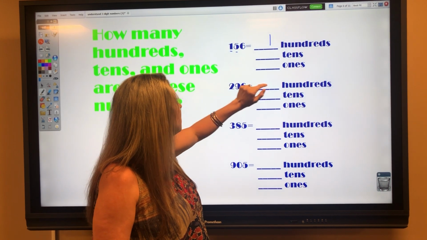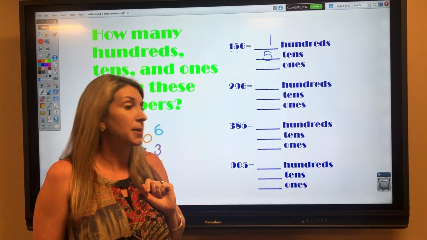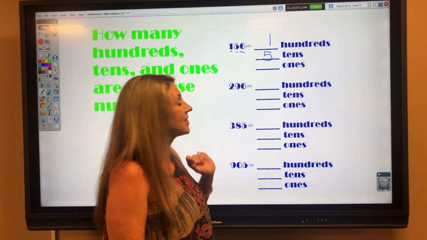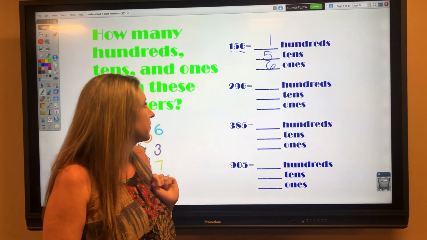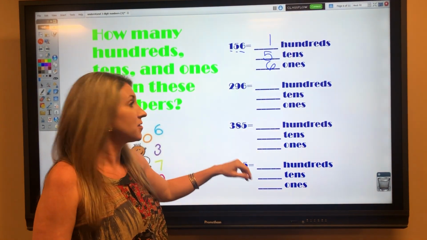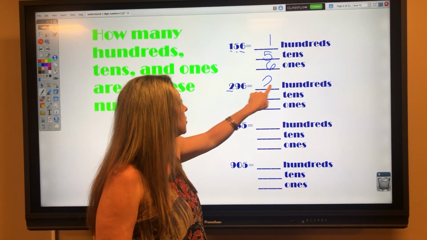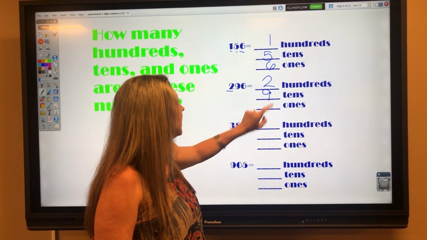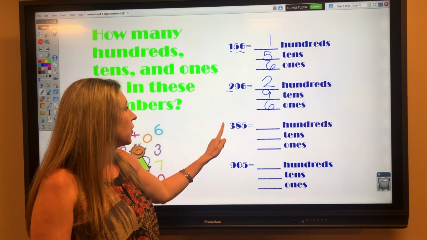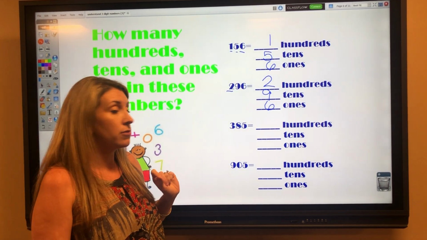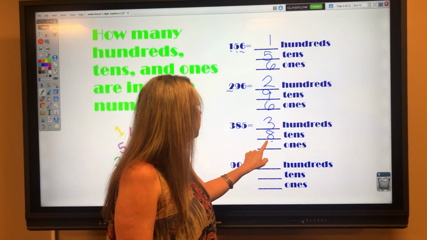It has 5 tens, the 5 is in the tens place, and 6 ones, the 6 is in the ones place. Now let's fill these out. 296 would be 2 hundreds, 9 tens, and 6 ones. 385 would be 3 hundreds, 8 tens, and 5 ones.